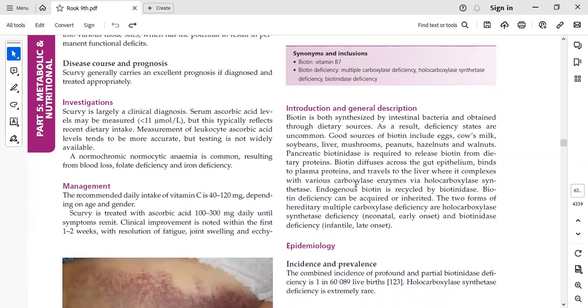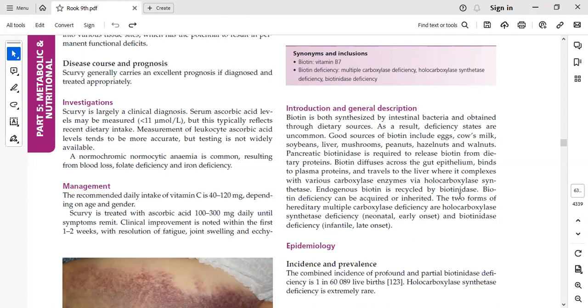Now, what happens is that the dietary biotin that we consume is bound to proteins. When we ingest this, it enters into the intestine where it is acted upon by pancreatic biotinidase. This enzyme releases the free biotin, and that biotin travels to the liver where it complexes with the carboxylase enzymes via holocarboxylase synthetase.